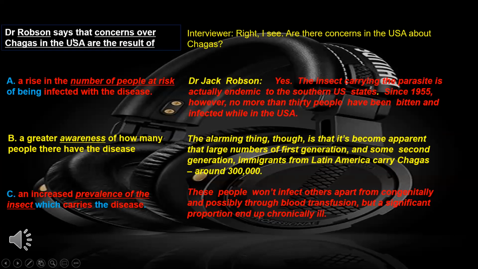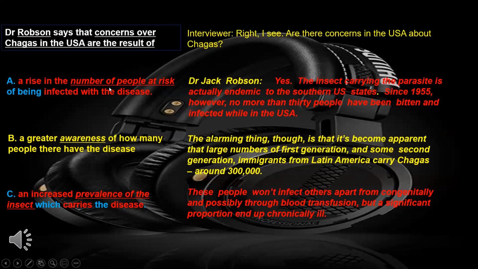Dr. Robson says that concerns over Chagas in the USA are the result of the alarming thing. It's a paraphrasing for concerns. It's that it has become apparent that large numbers of first generation and some second generation immigrants, till the end.